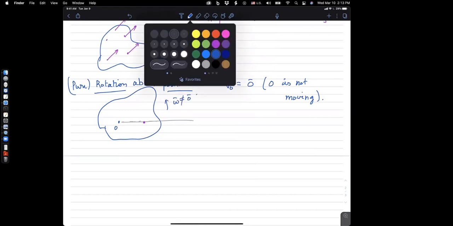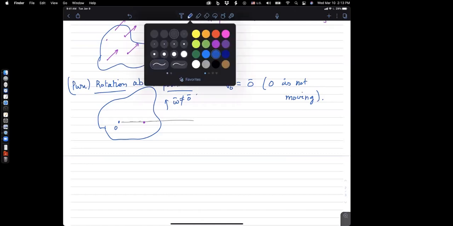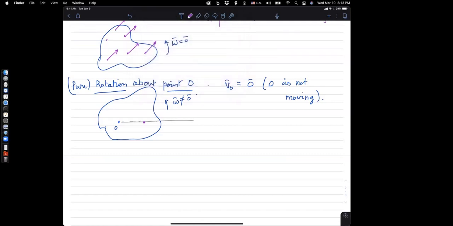What does it say about the velocity of this point that I just marked here? Is it perpendicular to the line? Exactly. It's going to be perpendicular to that line because the whole thing is rotating about this point. So it's going to be some velocity like that.